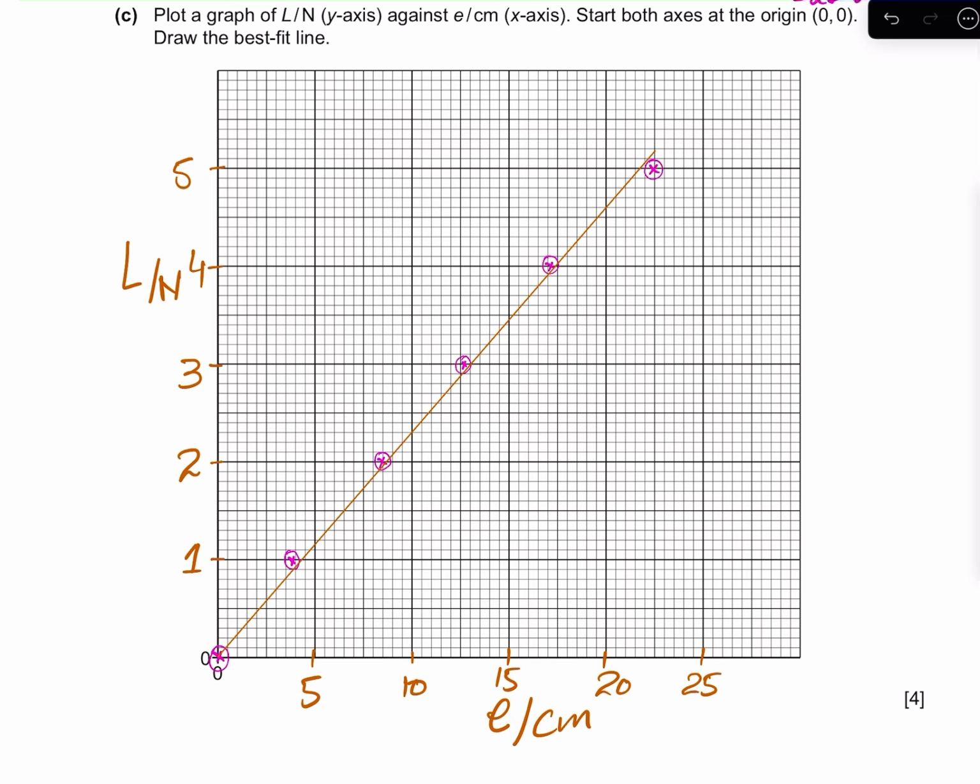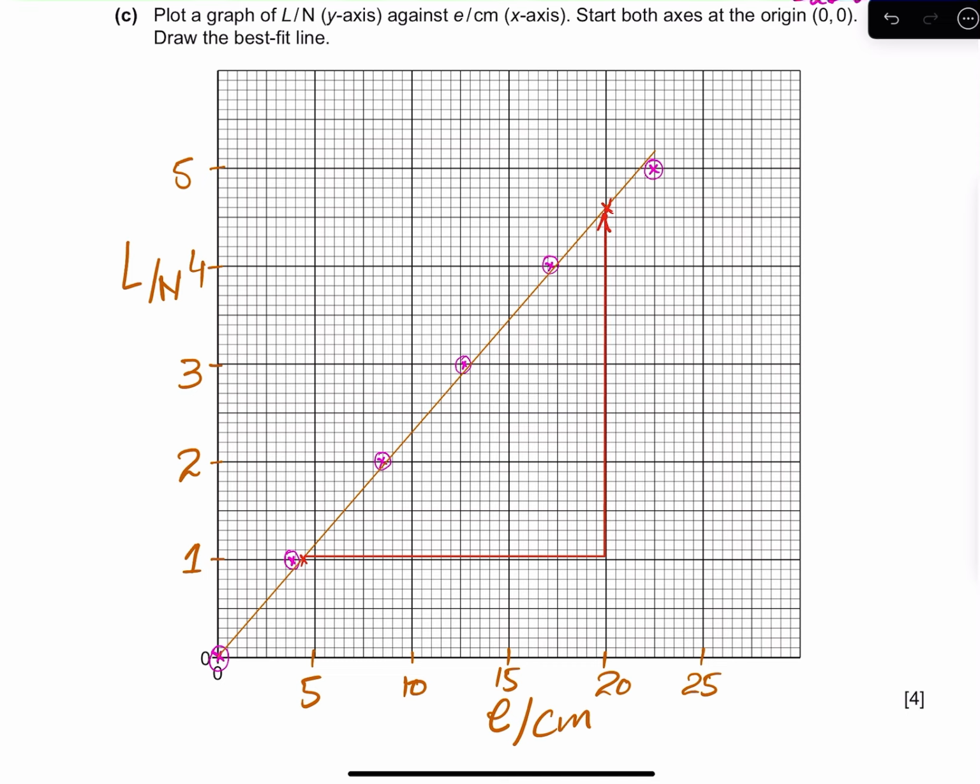I'm going to choose one point. This one seems suitable to me, and the other point I can choose, let's take this one. Okay, it's your choice. You can choose any 2 points. So it will be like this.